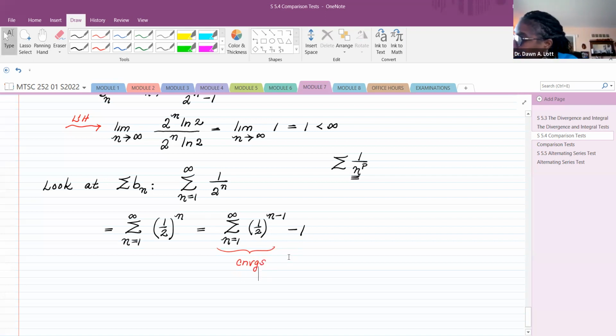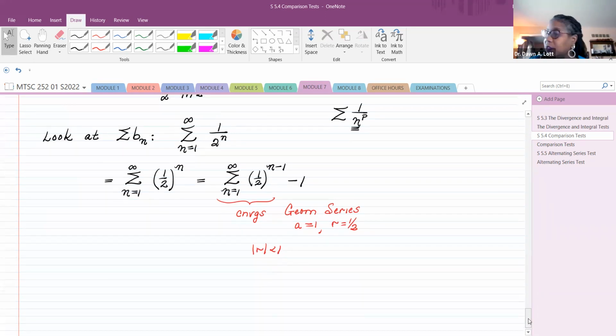It's a geometric series. A is 1, R is 1/2. The absolute value of R is less than 1, so therefore it converges. All right, so that then implies this converges.